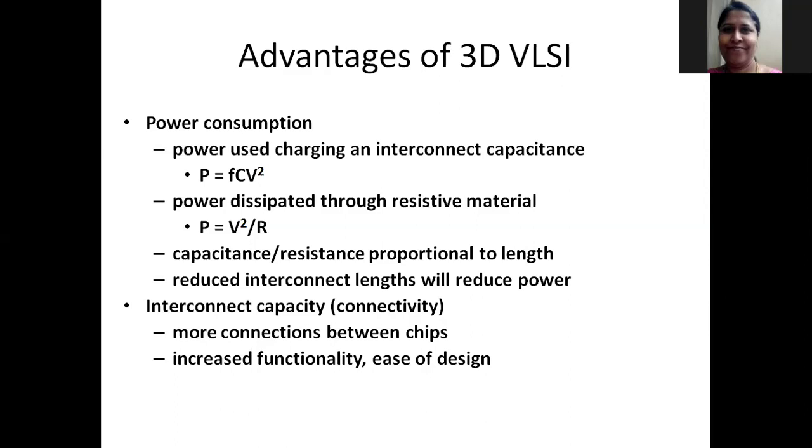In a capacitive circuit, the power dissipation is given by P = F C V squared, and in a resistive circuit, power dissipation is given by voltage squared by resistance. So naturally, the power dissipation is found to reduce in the case of interconnects in 3D VLSIs.